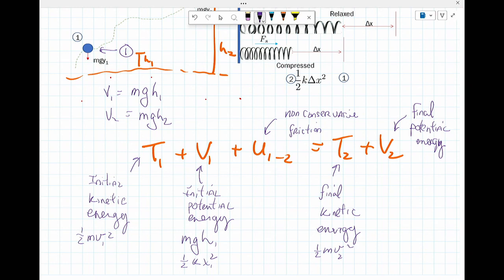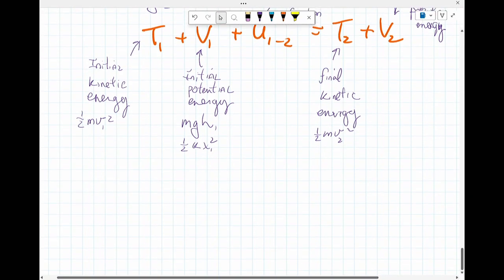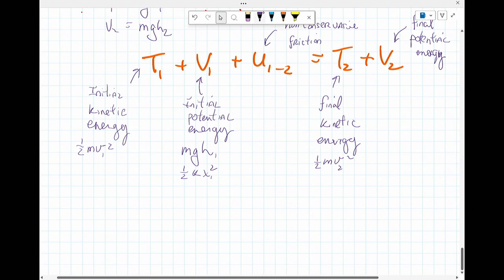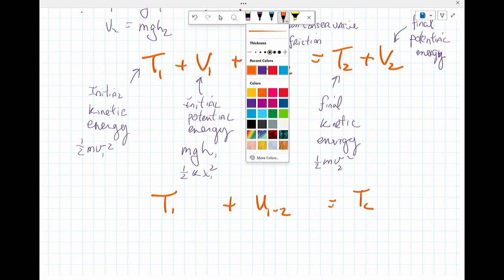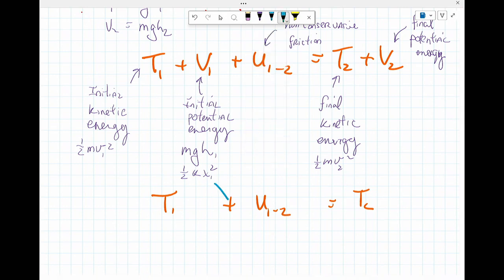Both of these expressions are the same. The only difference is this form of the equation combines these two things, or three things.